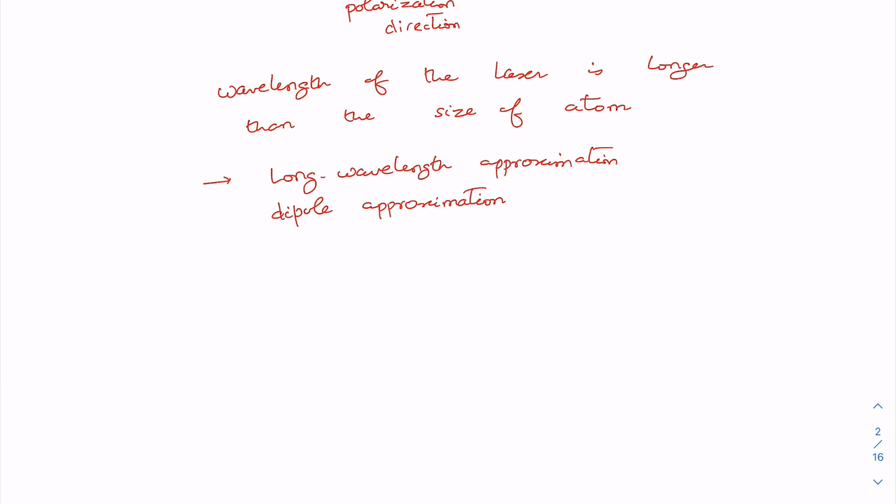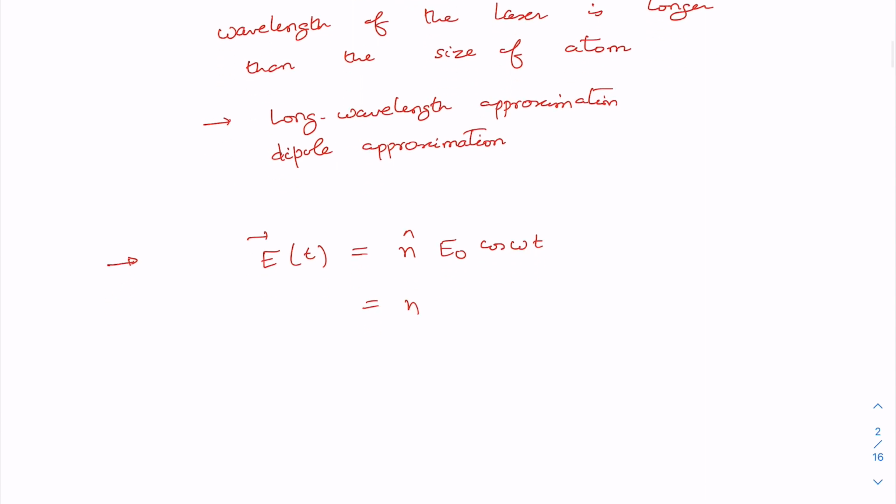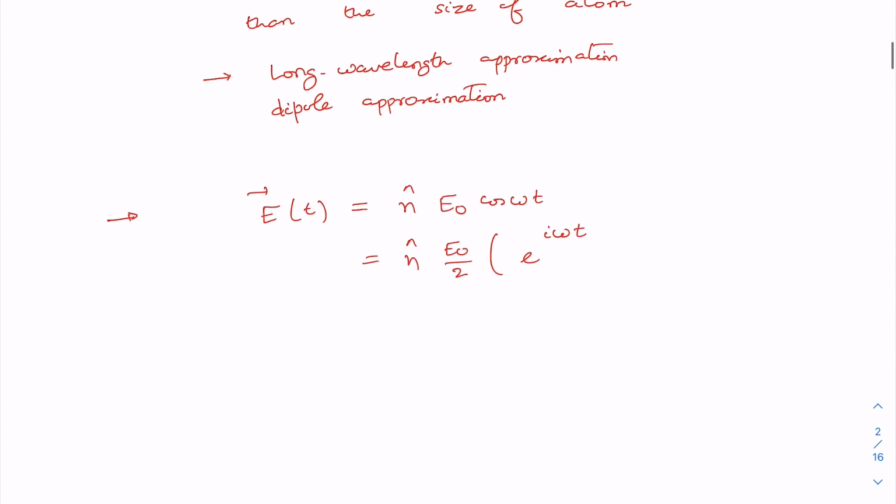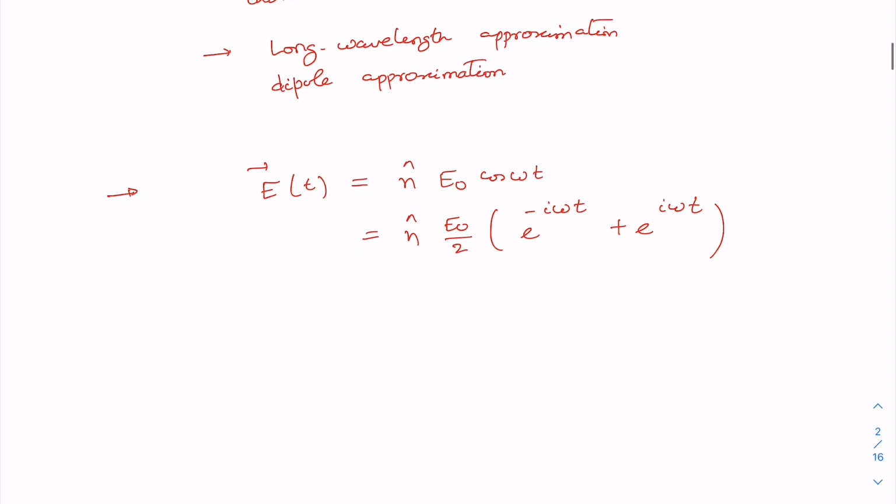Now we can write the electric field in this way as well. E(t) is equal to η̂ E0 cos ωt. This we can write as η̂ E0 by 2 times (e to the power minus iωt plus e to the power iωt).